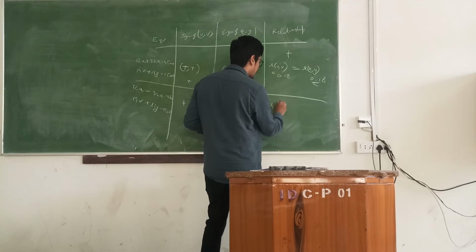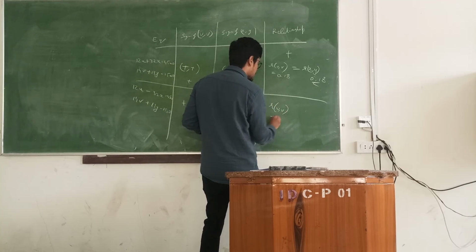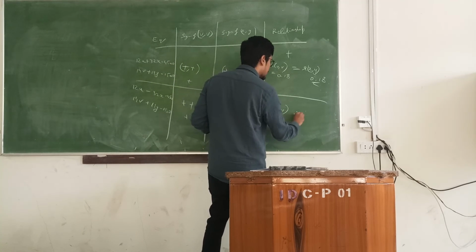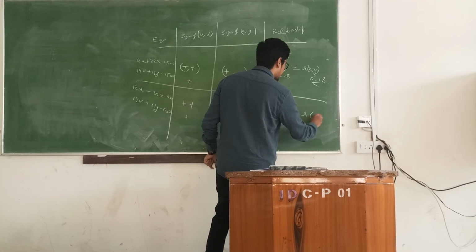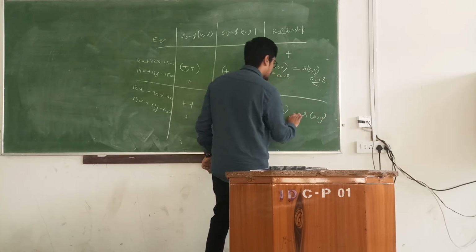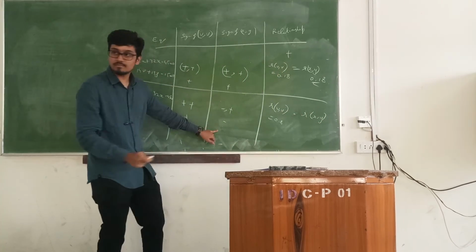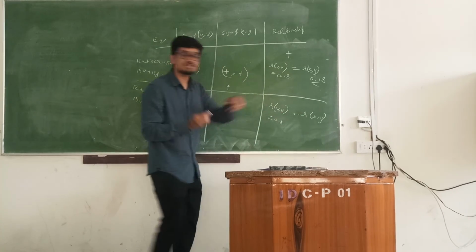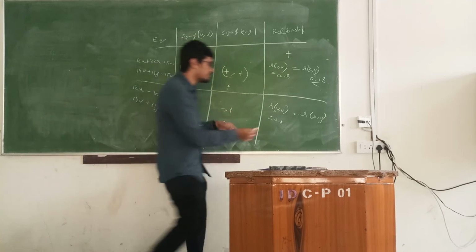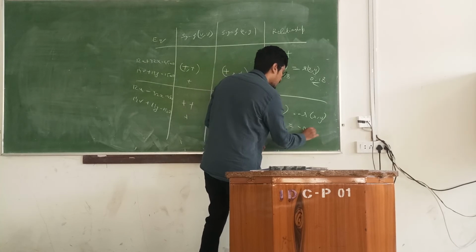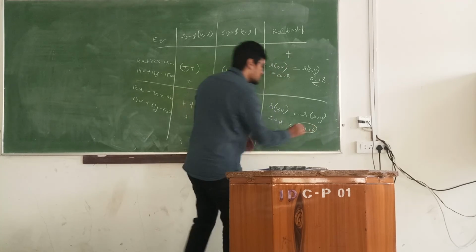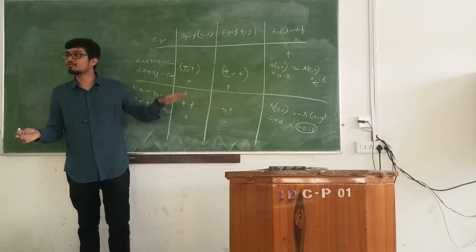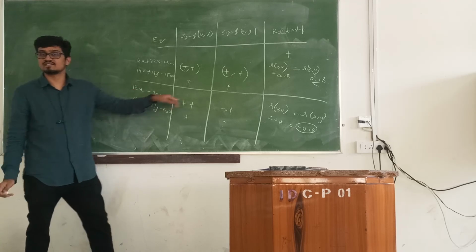Now, if I say r of u and v is equal to 0.18, then how much is r of x and y? If the signs are not the same, then r of u and v is equal to minus r of x and y. So your answer will be minus 0.18. You don't have to do anything. You just have to check the signs.